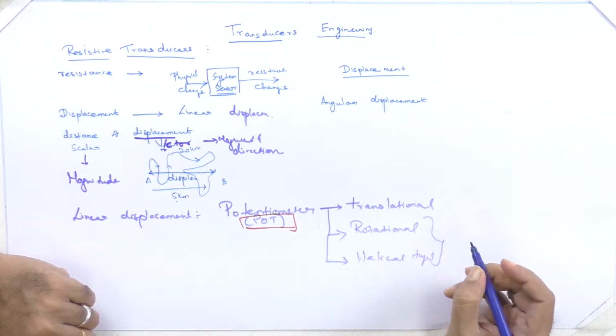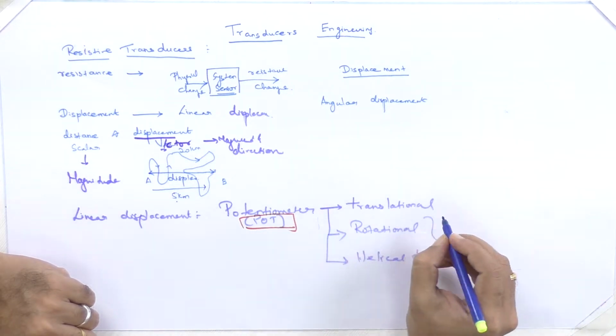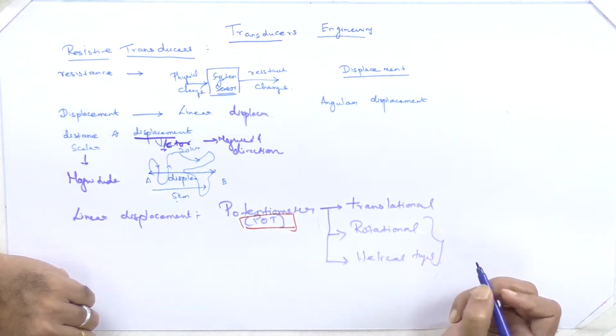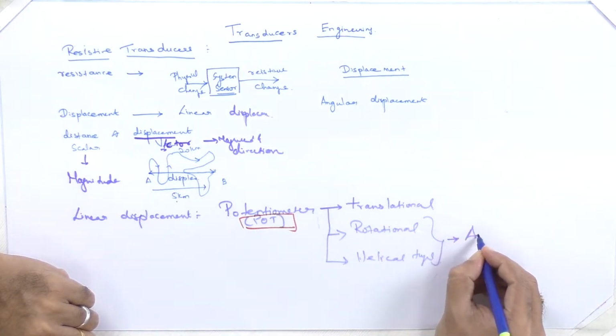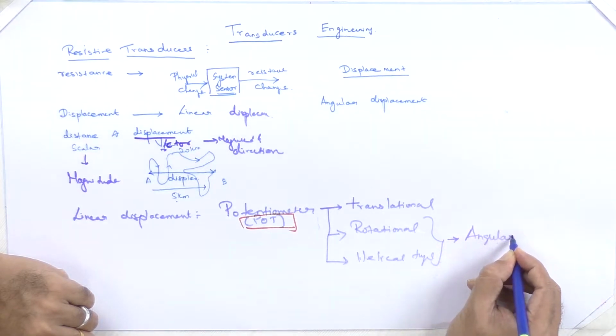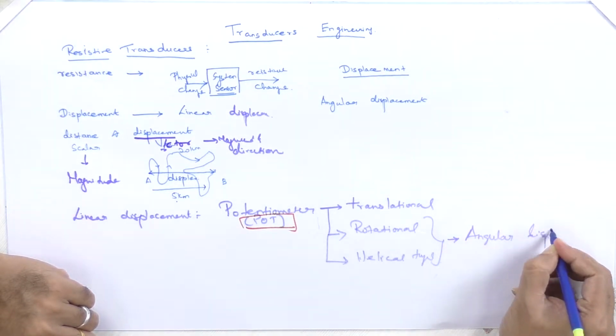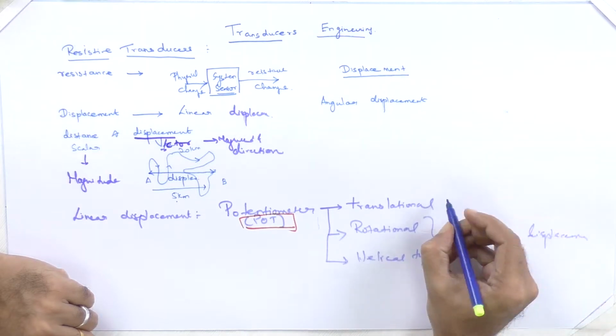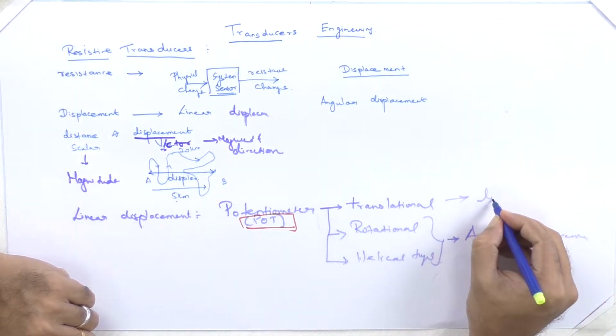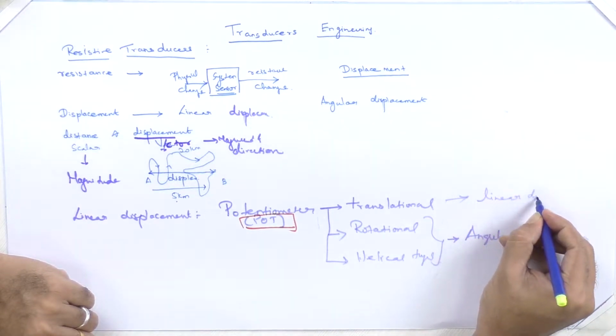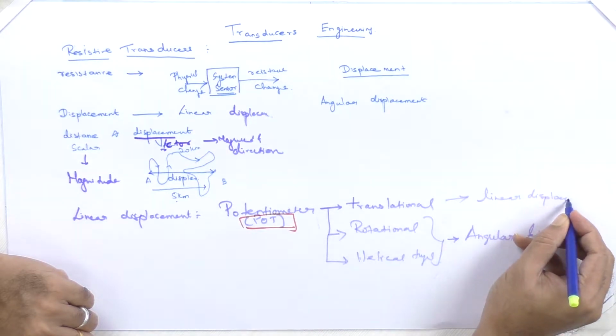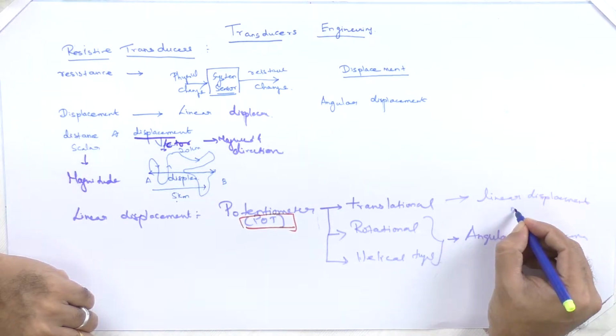These two are rotational or angular displacement measuring devices, and this one is linear displacement measuring.